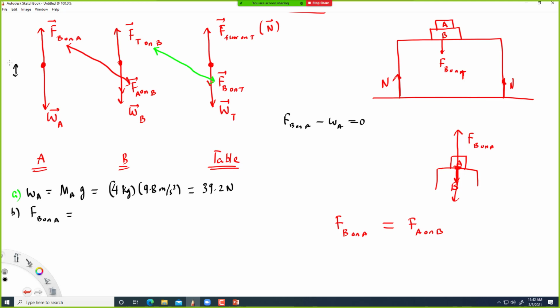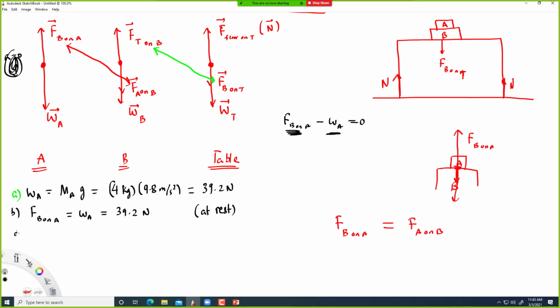So A is 0 here. That means this would be equal to WA, which is 39.2 Newton, because the object is at rest.